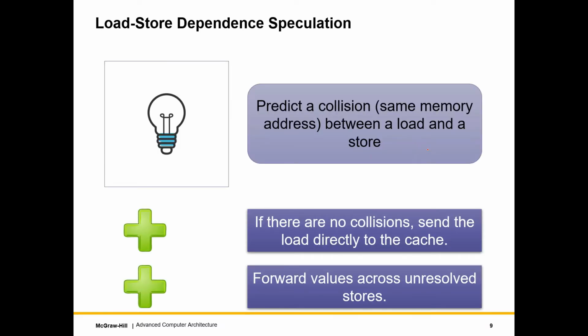Alright, so we have discussed address speculation now. Let us now discuss the load store dependence speculation. What has been seen is that if a load collides, meaning it has the same memory address as a previous store in the pipeline, this tends to be a predictable steady state behavior.